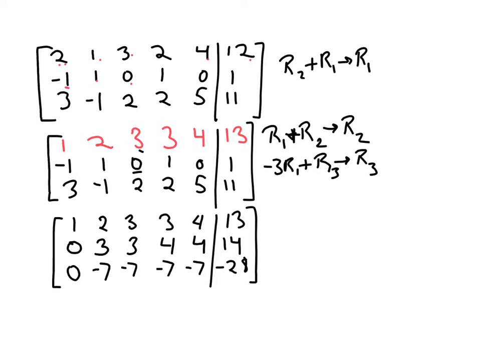Okay. Now we've got the first column the way we want it. We'd now like to have a 1 really in this position. To get a 1 here, it looks like I'm going to need to multiply the row by 1/3, which I don't really want to do because, like I said, we're going to get some fractions here. We'd like to avoid that.